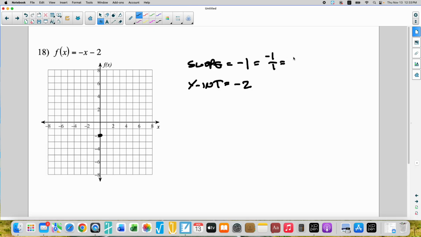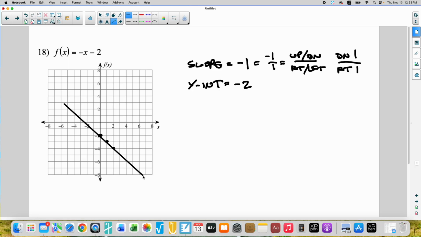So -1, when we talk about up, down, -1 is going to be down 1. And then 1, the run goes right and left. So +1 is right 1. So we're going to go down 1, right 1, down 1, right 1. And then we connect those dots to make a line.